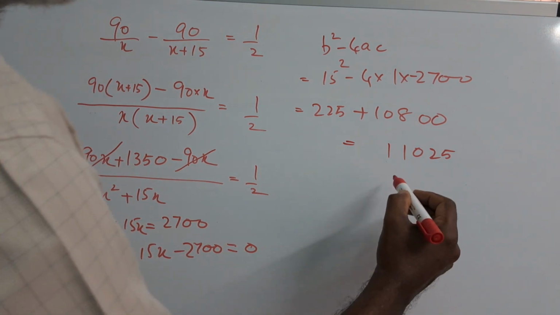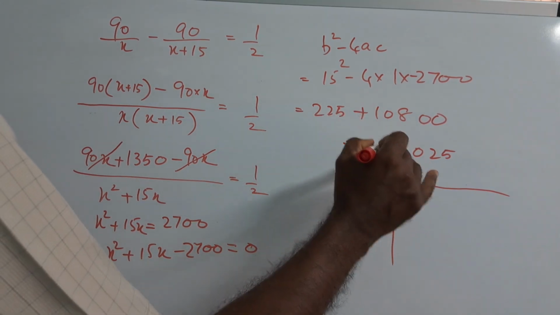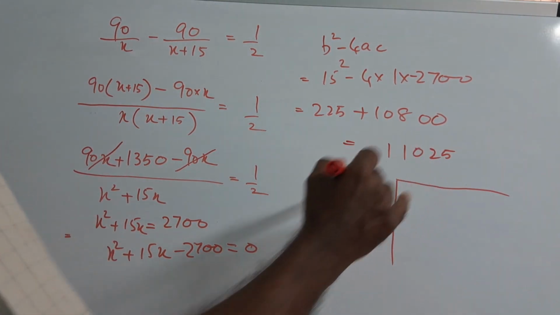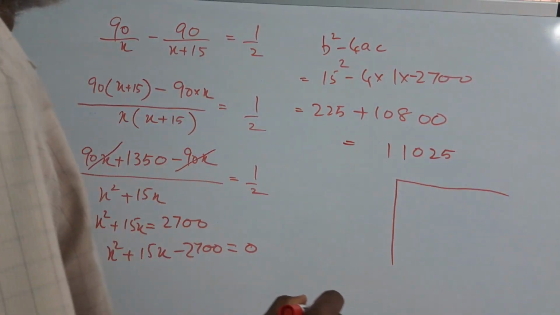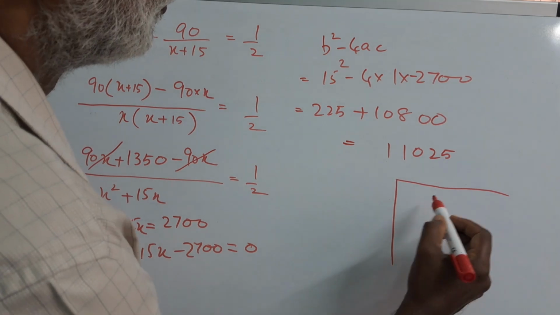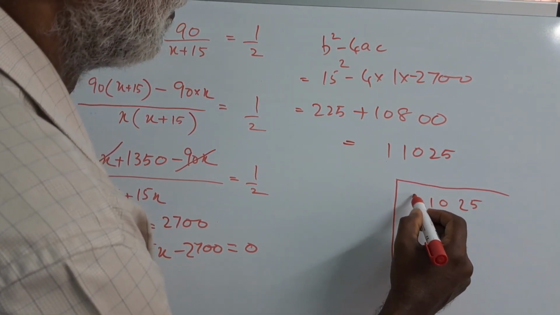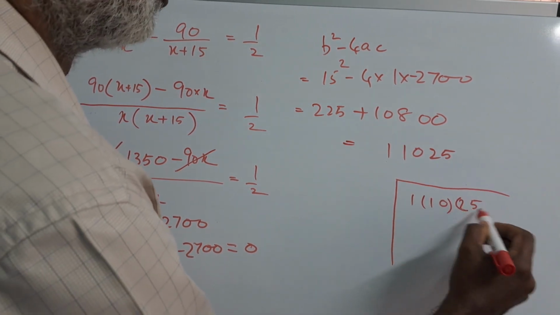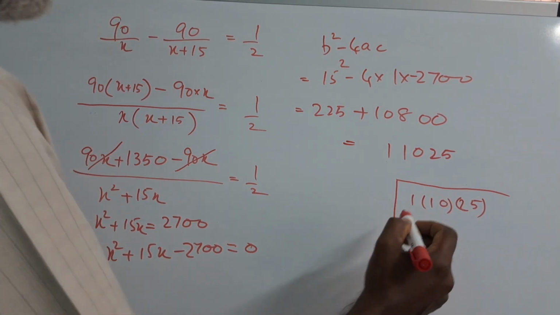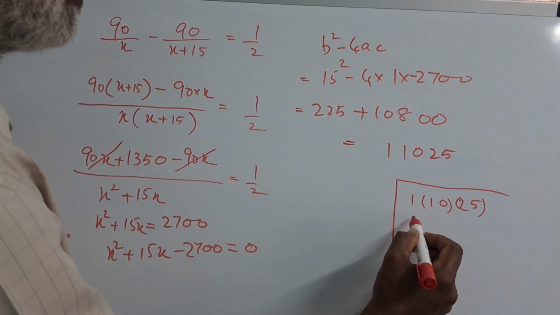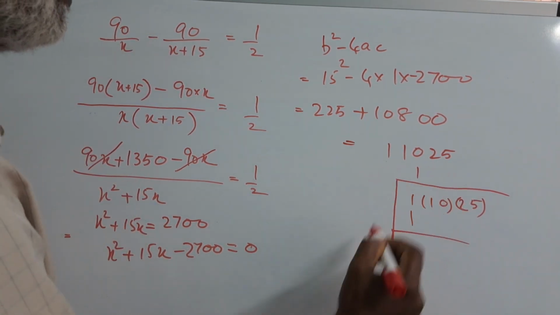Now let's find the square root of b square minus 4ac, that is square root of 11025. Grouping. Find the square root. The square up to 1 is 1. Square root is also 1. Double the number found here, 2.